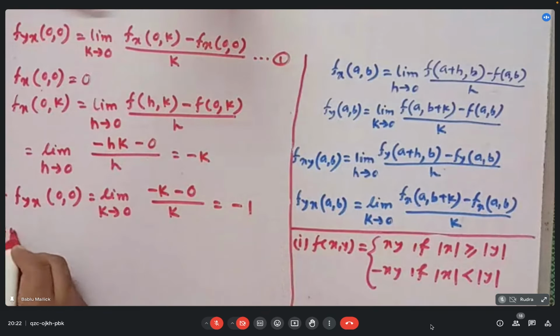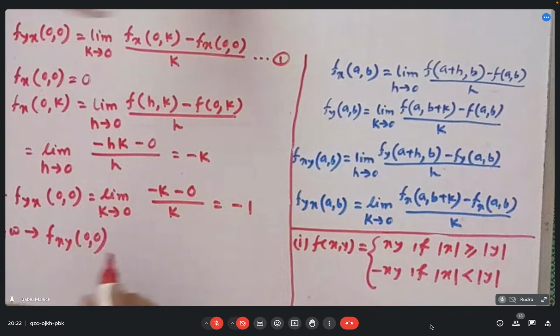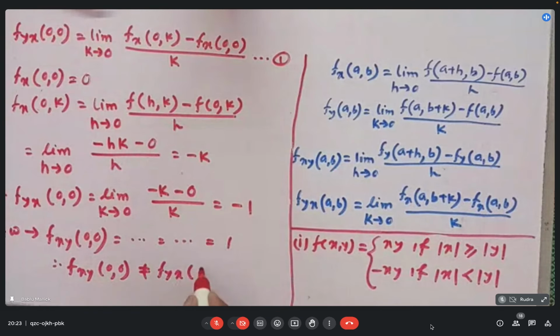Your homework is this: you will do f xy at 0 0, and this will become 1. So therefore f xy at 0 0 is not equal to f yx at 0 0.